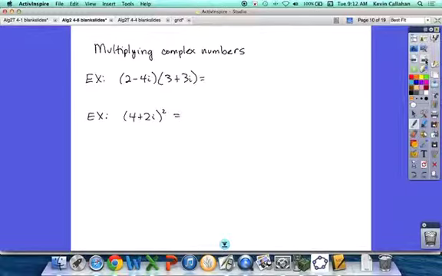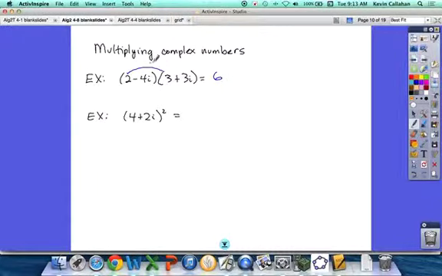How is it that we usually multiply 2 things times 2 things? FOIL, right? FOIL is a way to make sure that you multiply everything in the first set of parentheses times everything in the second set of parentheses. In this case, the F will be 2 times 3, which is 6, right?